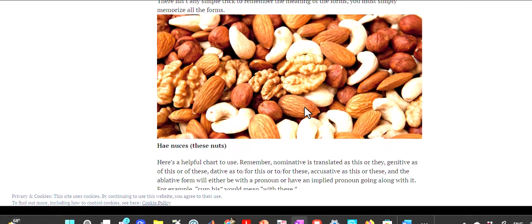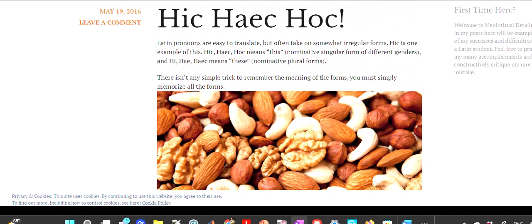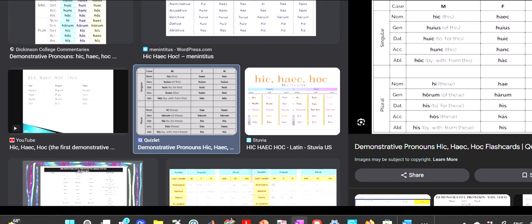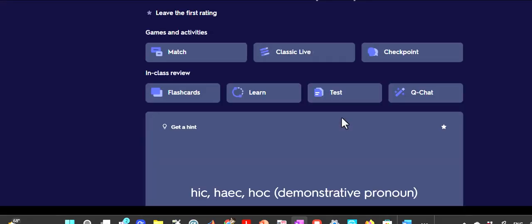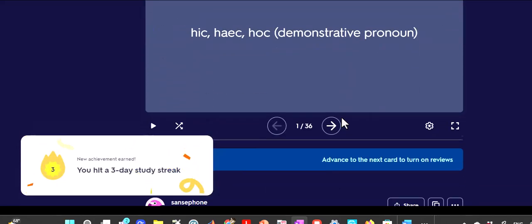Oh wait, I better check, make sure it has, is it, nope, that's not the American order of things. We do nominative, genitive, dative, accusative, ablative. That's a Quizlet. Ah, that's a nice Quizlet. Okay, let's get that one. So, who did, oh, I have a 3-day study streak.